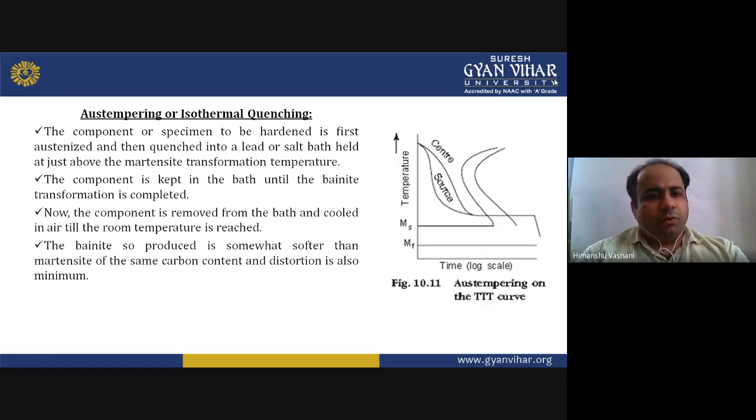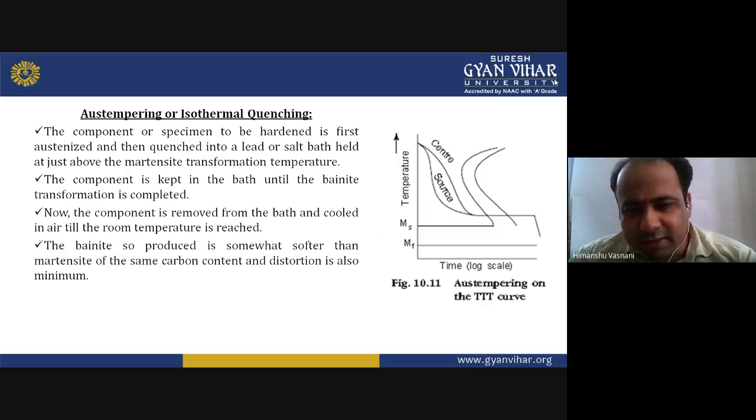The component is kept in the bath until the bainite transformation is completed. Our purpose behind all this is to complete the bainite transformation in this specimen. Now the component is removed from the bath and cooled in air till room temperature is reached.